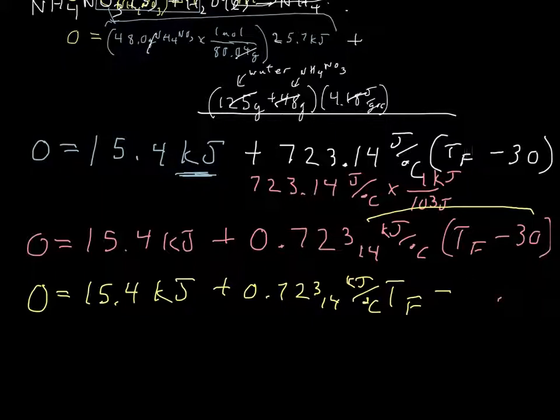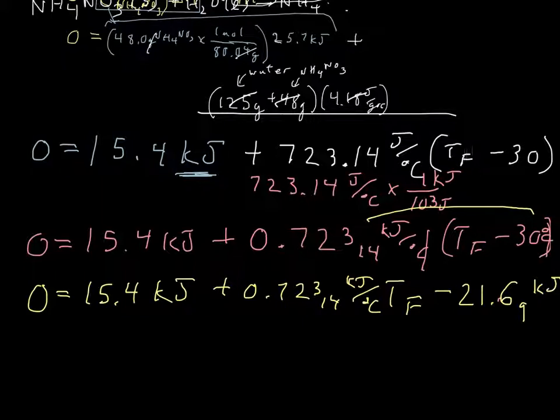When we distribute, remember that we have 30 degrees Celsius right there. So when we distribute, that Celsius and that Celsius are going to cancel out, and we're going to be left with 21.69 kilojoules.